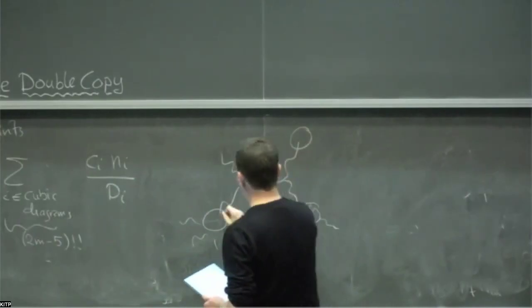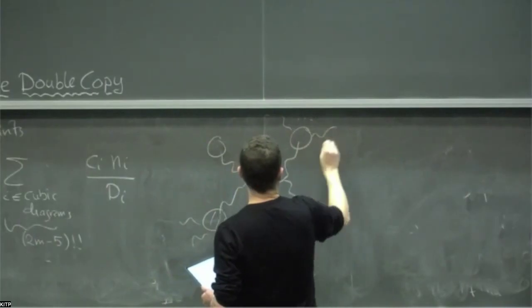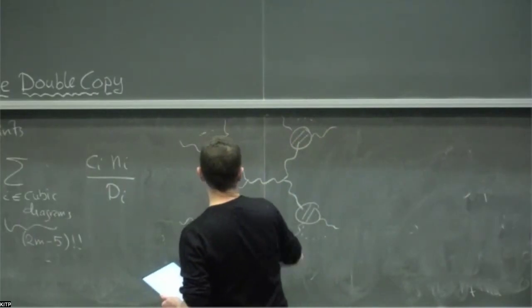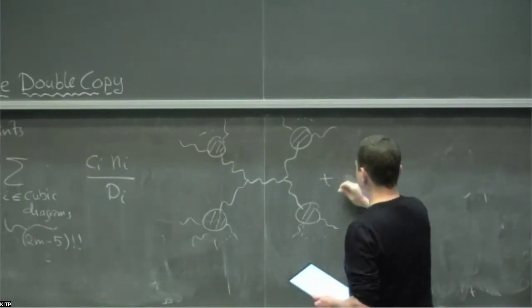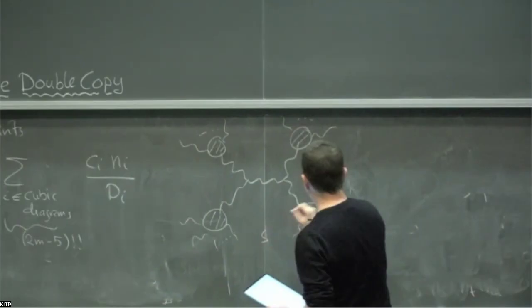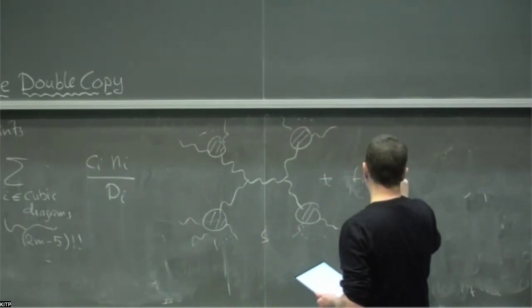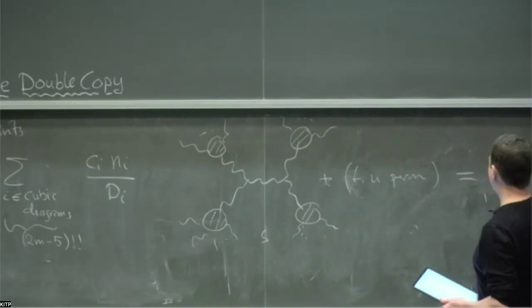So this is some blob. And permutations. So this is my S, and then you do the T and the U permutation. And the sum of those three diagrams has to be 0.